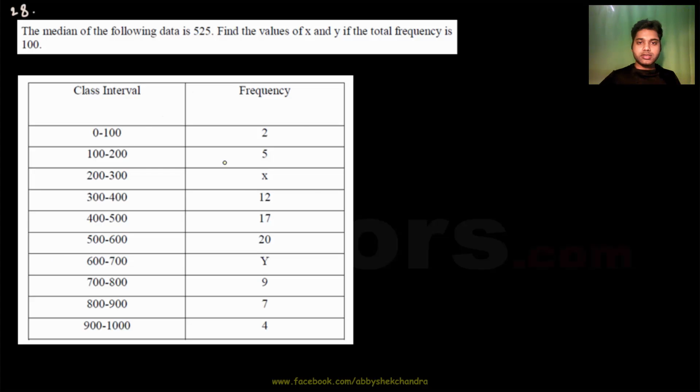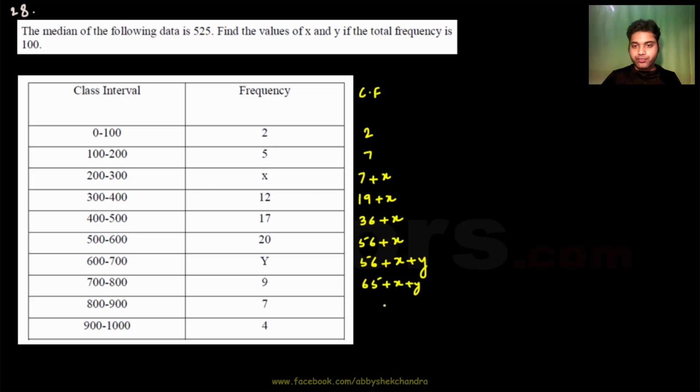So first of all, let us write the cumulative frequency for each one of them. 2, 7, 7 plus x, 19 plus x, 36 plus x, 56 plus x, 56 plus x plus y, 65 plus x plus y, 72 plus x plus y, 76 plus x plus y. Now the total frequency is given to be 100, and that should be equal to 76 plus x plus y.